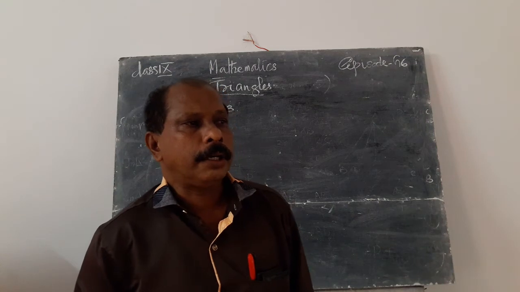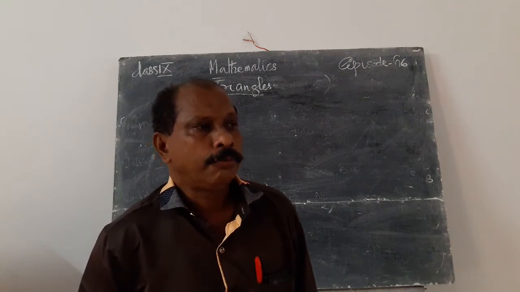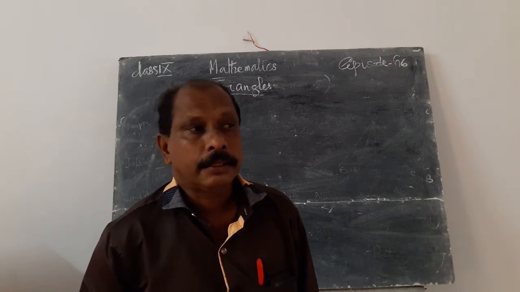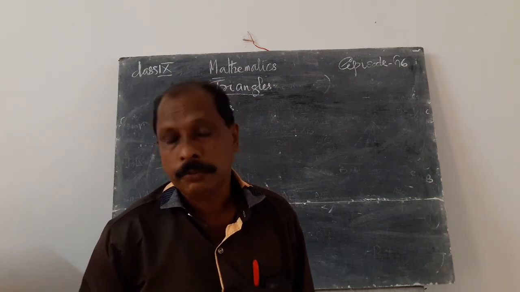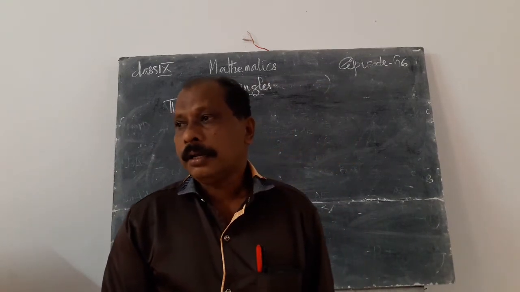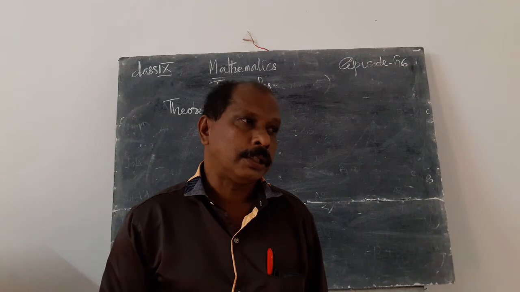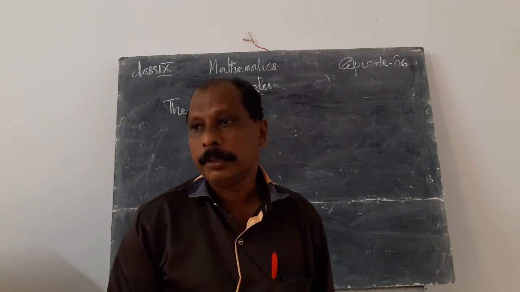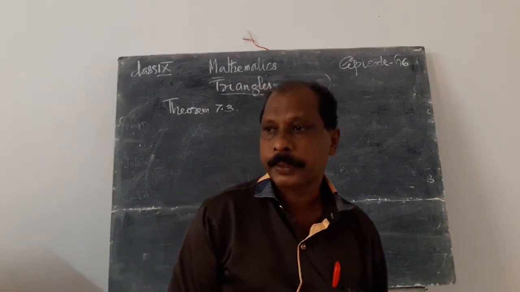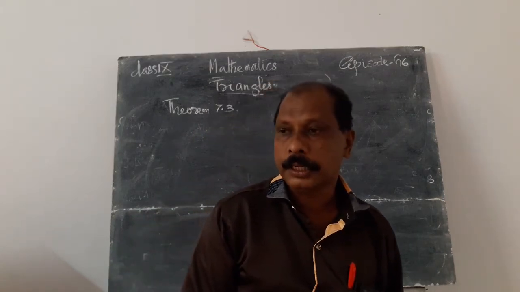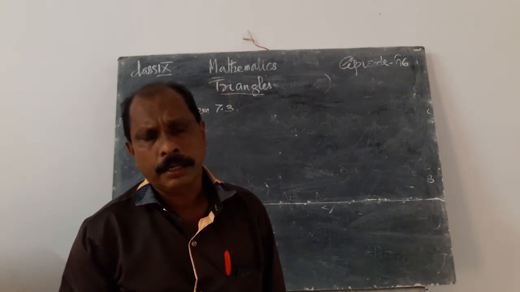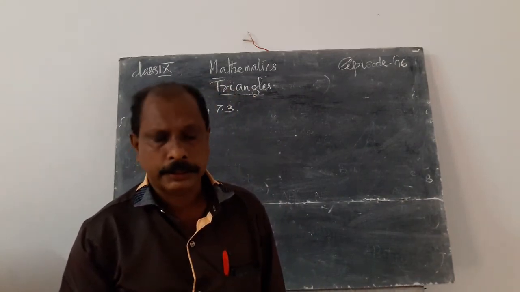And theorem number 7.4 is the side criteria of congruency. That is, 3 sides of a triangle are equal to the corresponding 3 sides of another triangle, then they are congruent. That is side criteria. Then the 5th theorem is RHS. RHS means right angled triangle, H hypotenuse and S side.